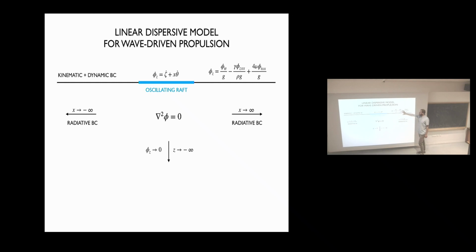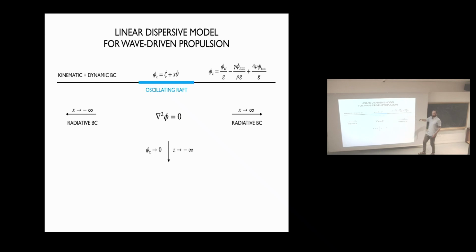Then you've got this other boundary condition away from the raft, which looks kind of nasty, but if you ignore these two terms, that's just classic deep water waves. The kinematic plus dynamic boundary condition would give you those two terms. But you get an extra term due to surface tension, and you get another term if you include what's called a weak viscosity. This is something that people sometimes do.